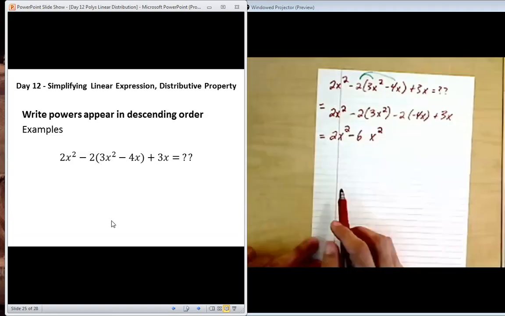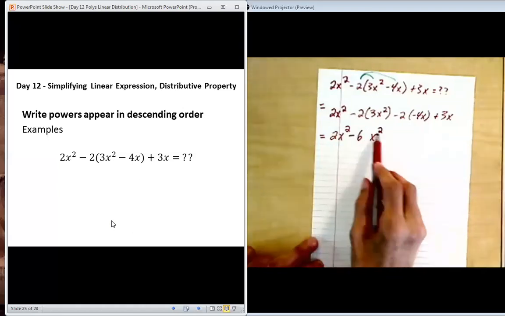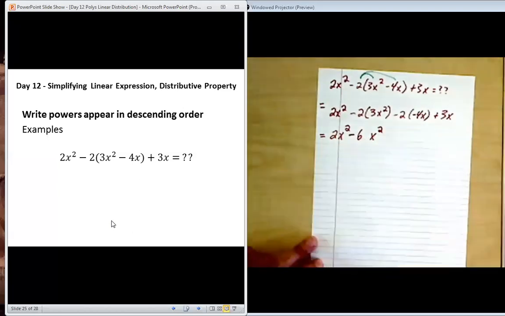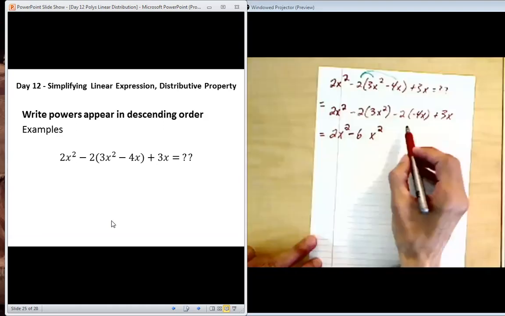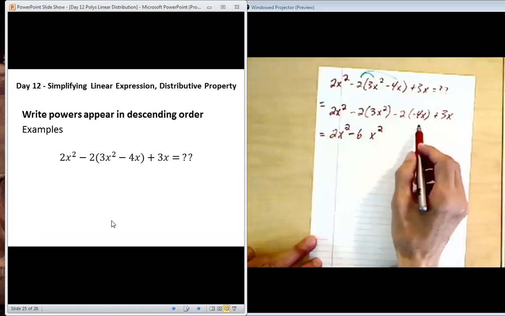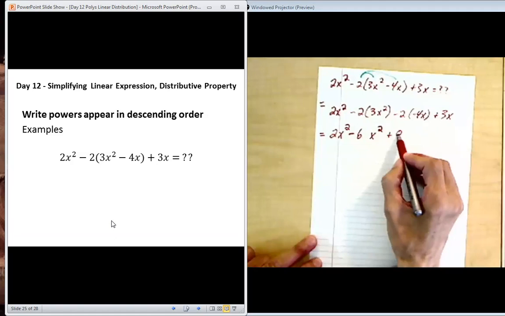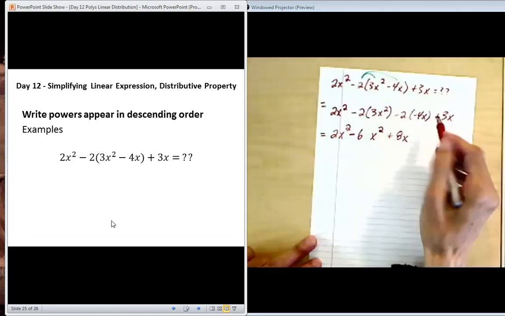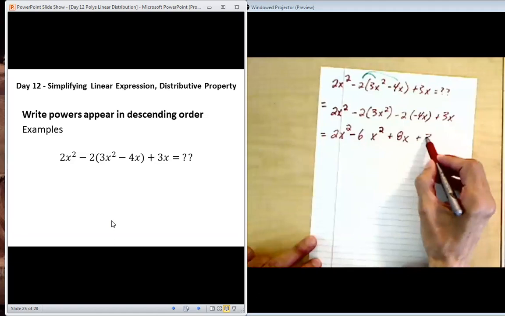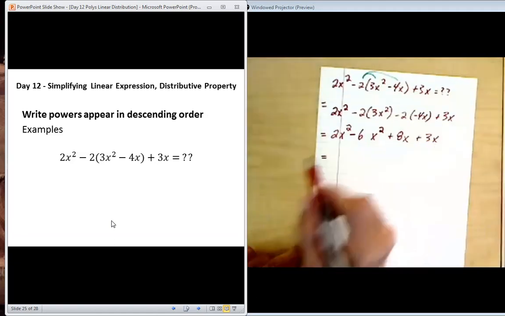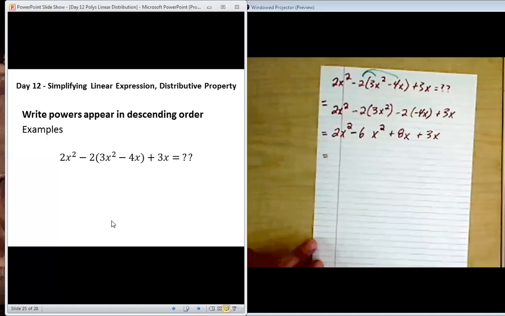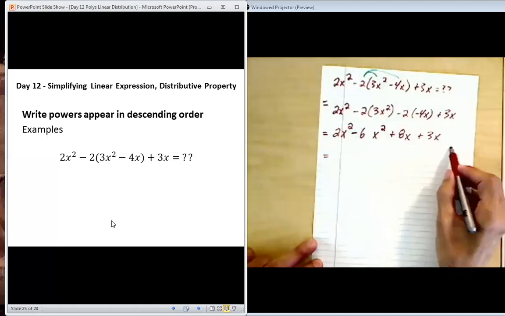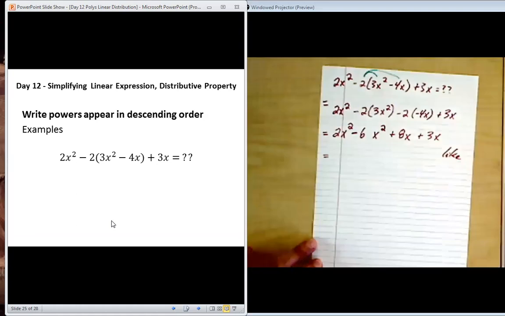Okay, so it looks a little funny with the gap in there, but it's all one thing. Minus 6x squared. Over here, what do we got? Plus 8. Nice. Plus 8x. This plus 3x, just bring it on down. See? So now like terms, and that will finish off this example here.